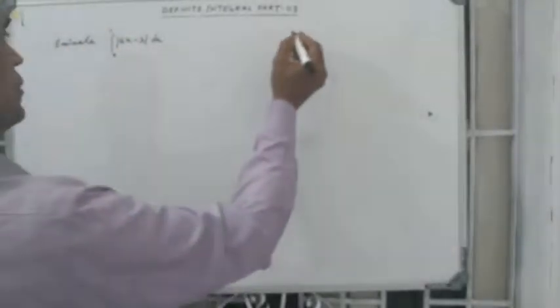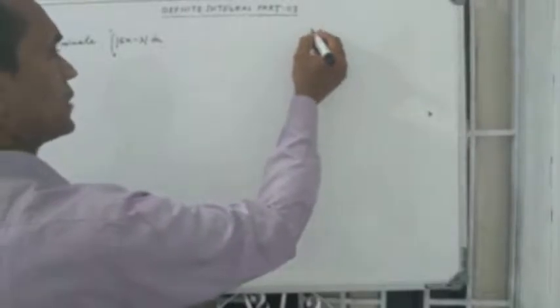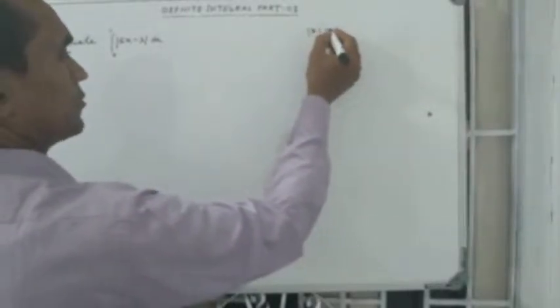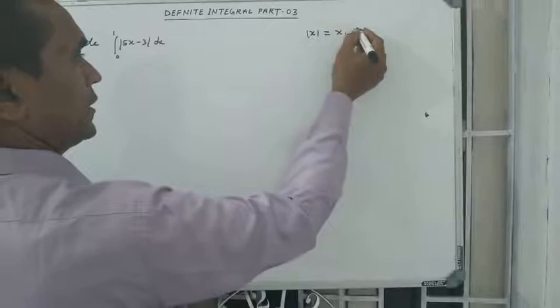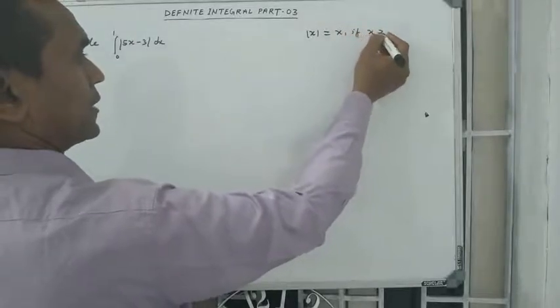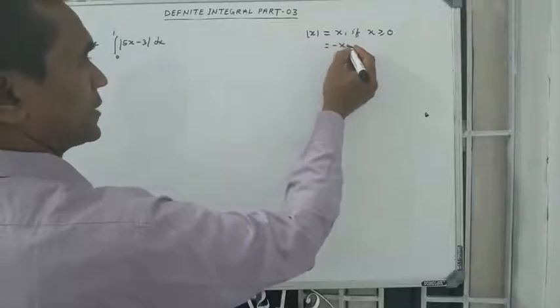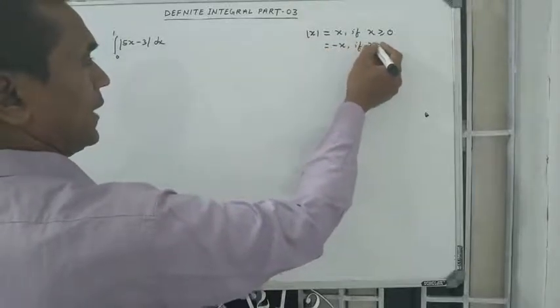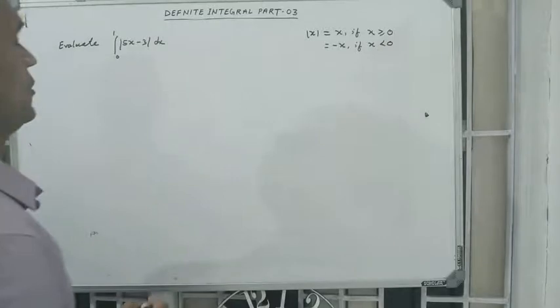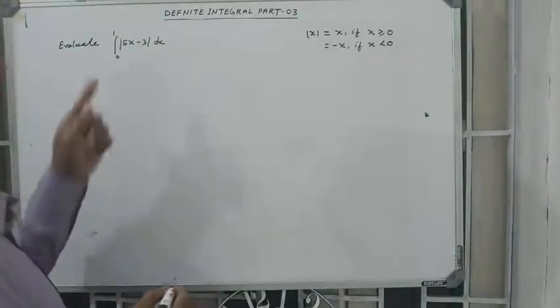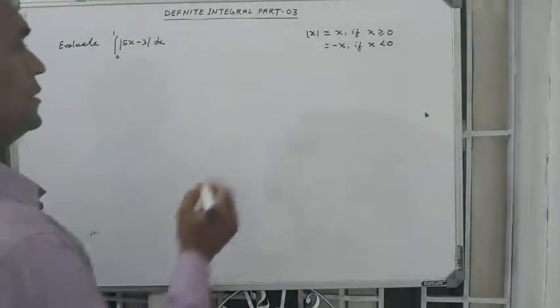So we know the definition of modulus. Mod x equals x if x is greater than or equal to 0, or this is equal to minus x if x is negative. So we have to find the sign of 5x minus 3.